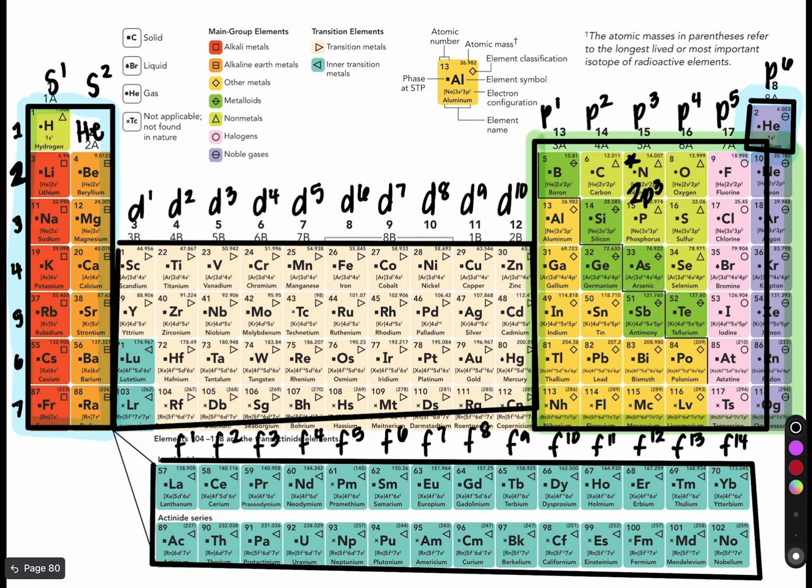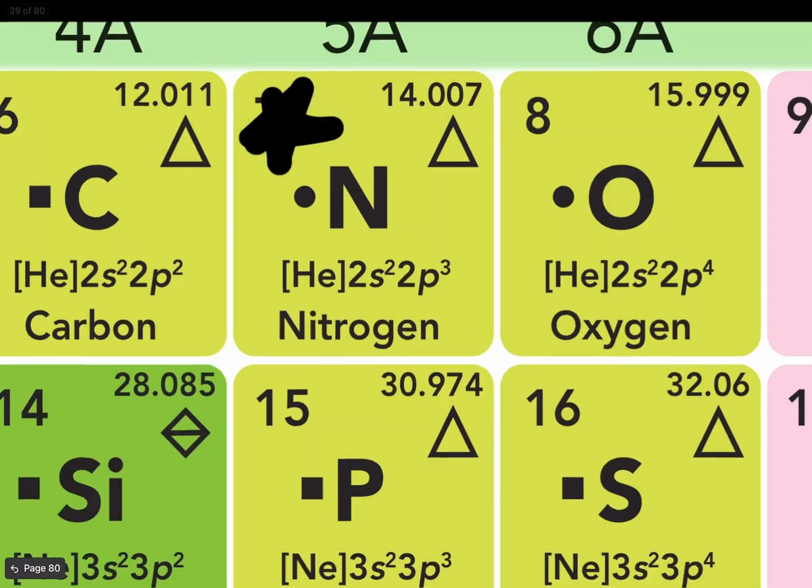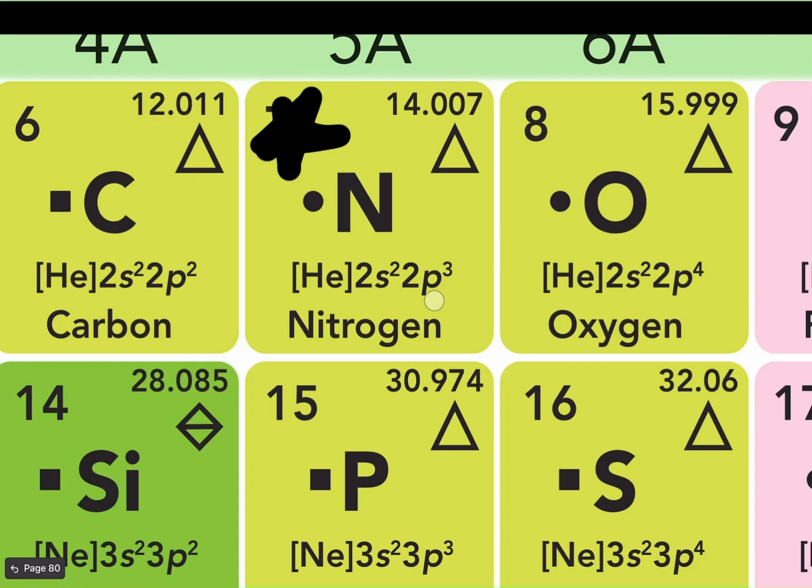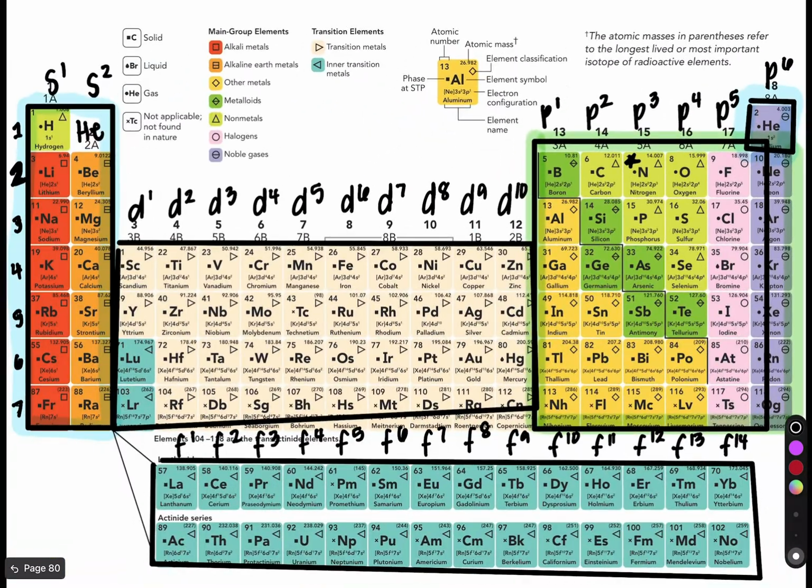Since it's in period 2, that means the last part of nitrogen's electron configuration should be 2p3. Now I'm going to erase that for a moment and zoom in on nitrogen's box. You're going to notice that that's actually listed here in nitrogen's box. So if you're ever not sure or need that reminder, you can find it here on the periodic table.